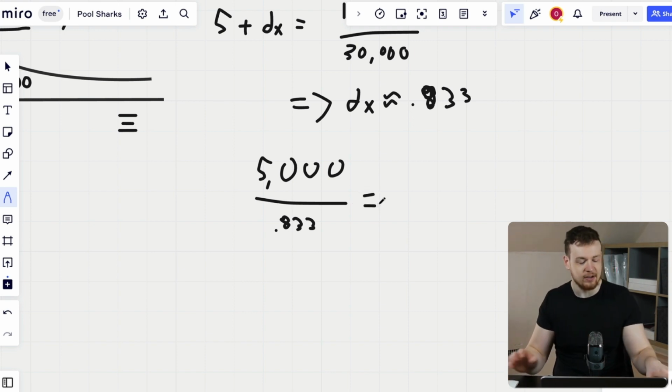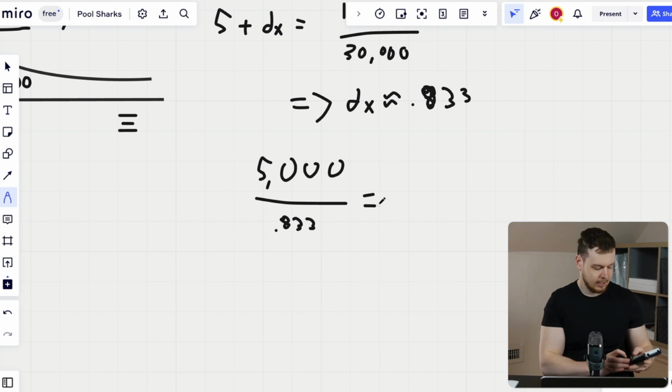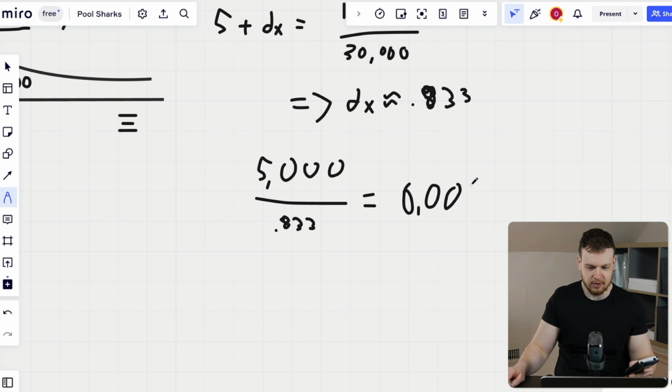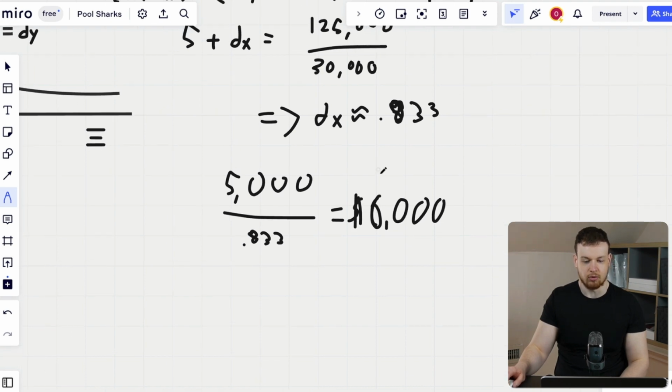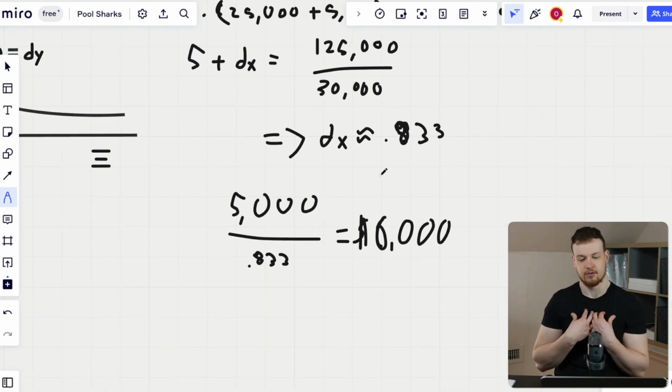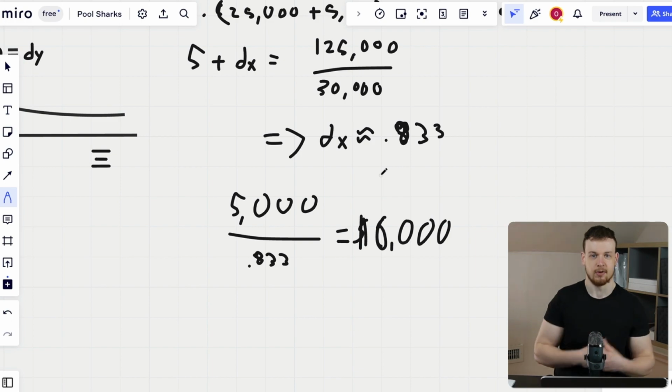And that rate, which is price, is roughly 6,000. So this is about 6,000 DAI per ether. So this is the price which I experienced during my swap from DAI to ether.